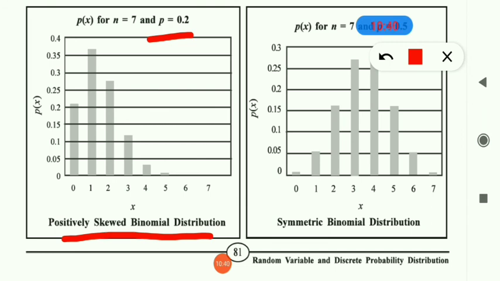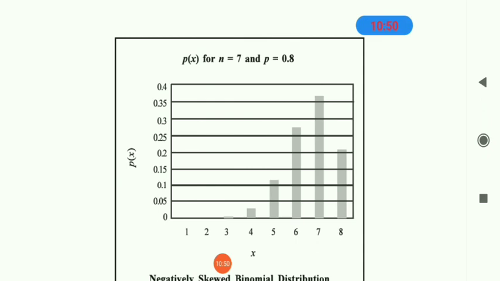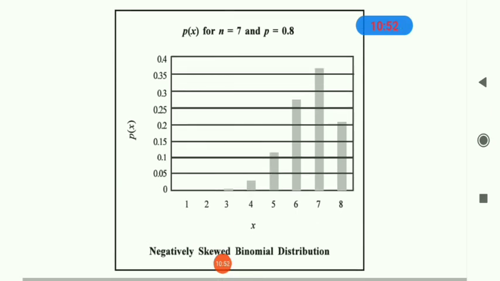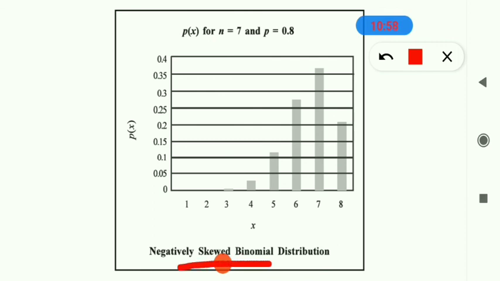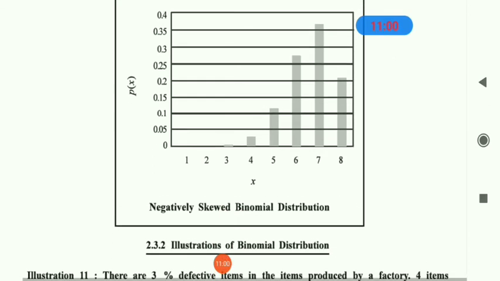Here the value of p is exactly 1 by 2, exactly 0.5, so the skewness is 0. And for the value of p greater than 1 by 2, our graph is a negatively skewed binomial distribution. Is it clear?